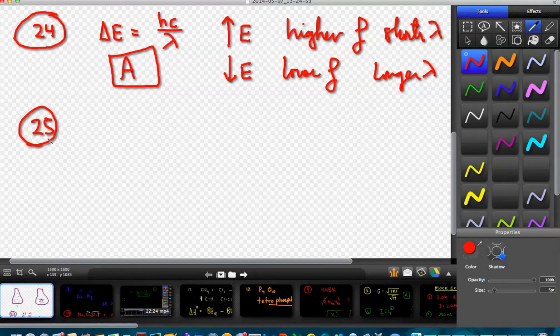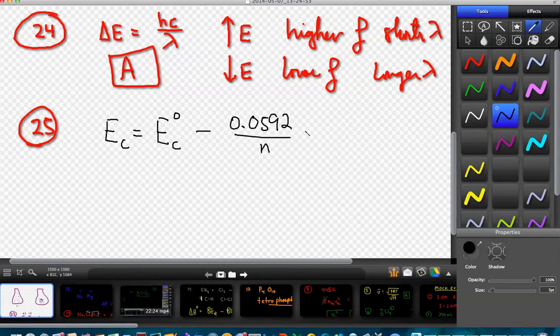Number 25. We are going to dilute our cells by the same factor. Of course, to answer this, we need the Nernst equation. So E cell equals E cell standard state minus 0.0592 over n, base 10 log, the concentration of zinc 2 plus over the concentration of copper 2 plus.